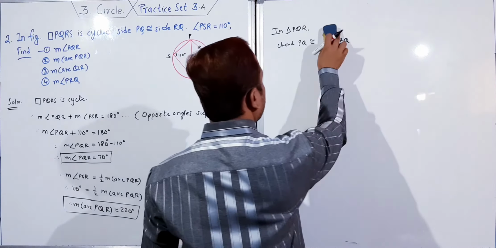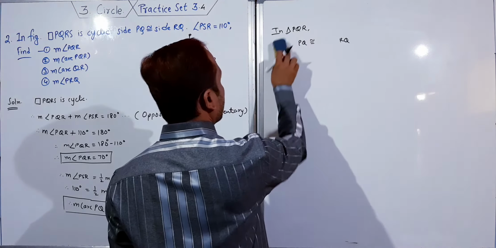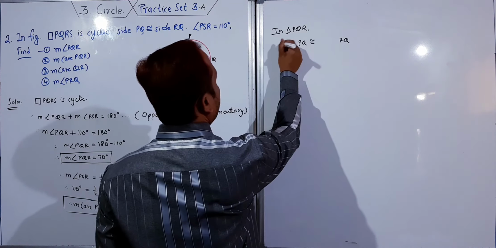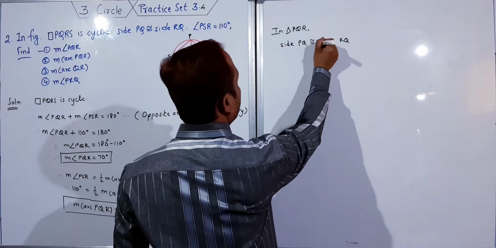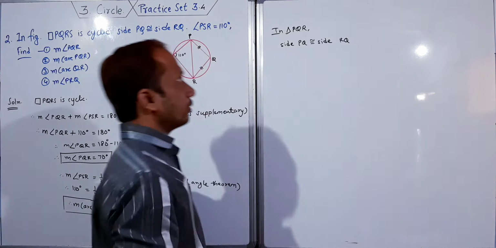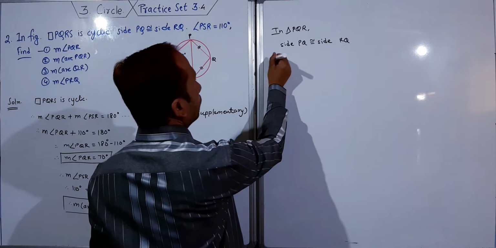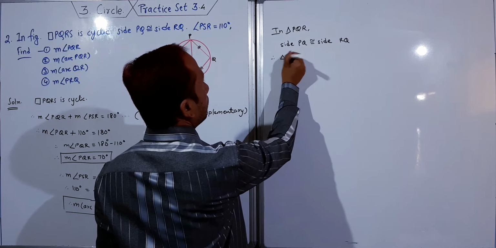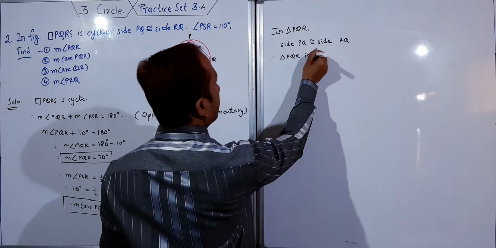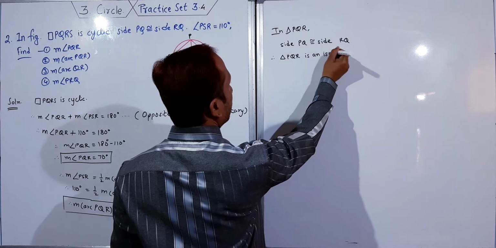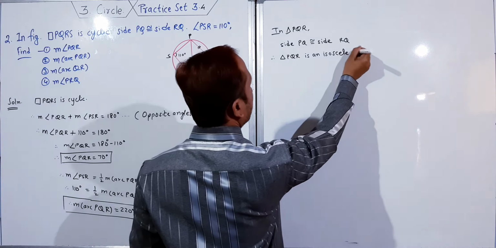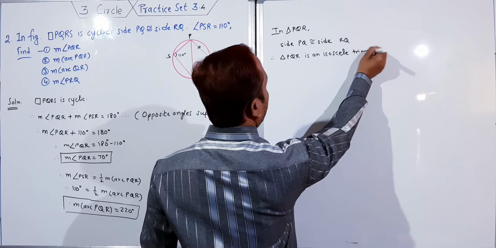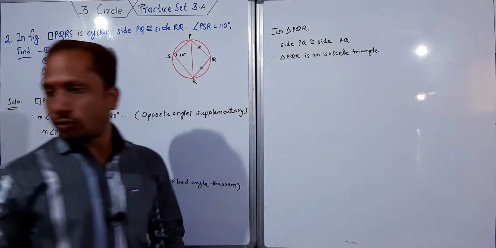In the case of a chord we can write side. Side PQ is congruent to side RQ. Everything is given systematically. Therefore, triangle PQR is an isosceles triangle. In an isosceles triangle, you know that the two angles are congruent.